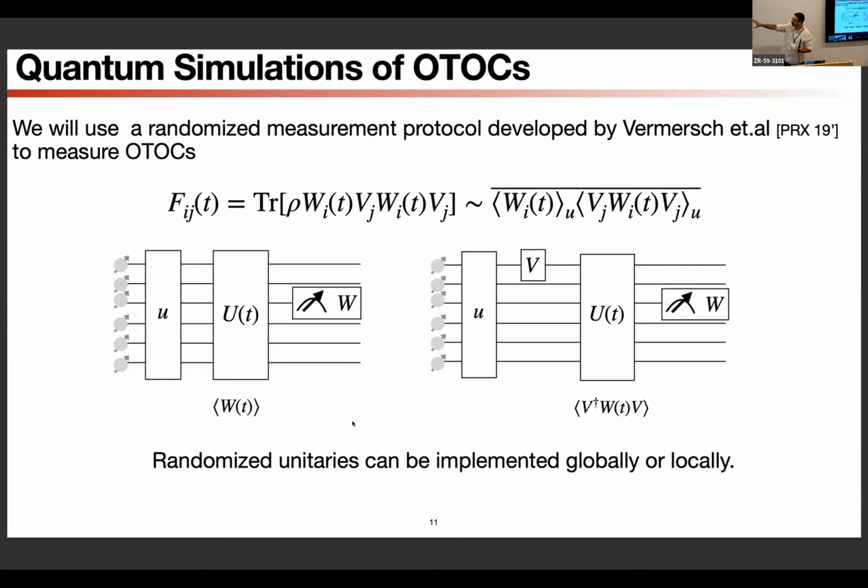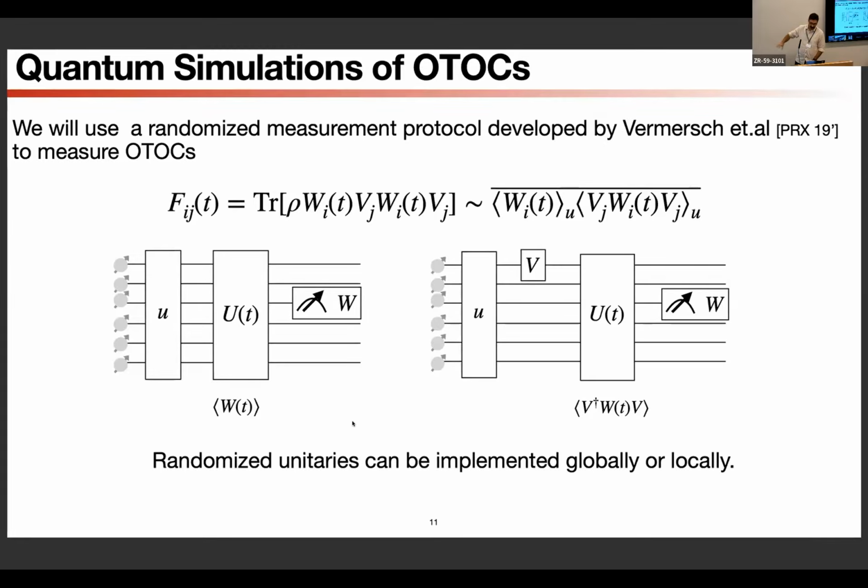Now you have a single time-evolved operator, and another one where the time-dependent operator is sandwiched between two V's. Then you do a bunch of random samples over the CUE group, and calculate the correlations between these two measurements. If you do this correctly, the decay of those correlations gives you a measure of the OTOC.